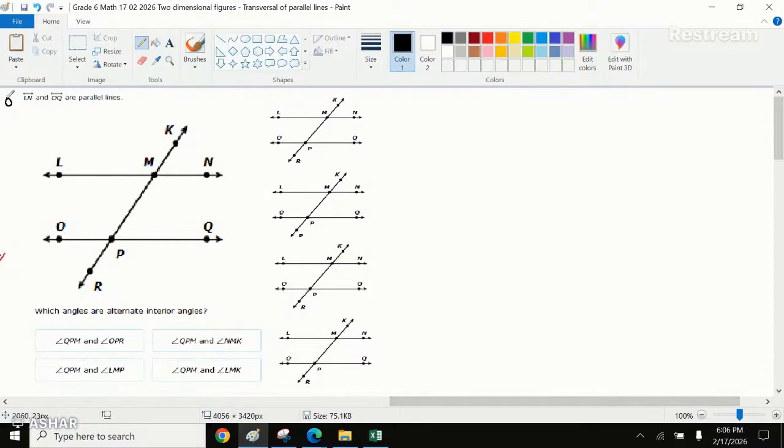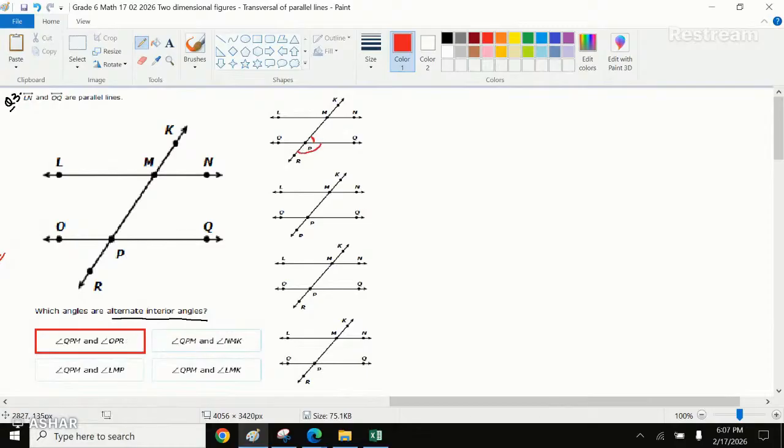So for question number 3, what we need to do is find alternate interior angles. Let's see which angles would be alternate and interior. Okay, so the first pair of angles given to us is QPM and QPR.